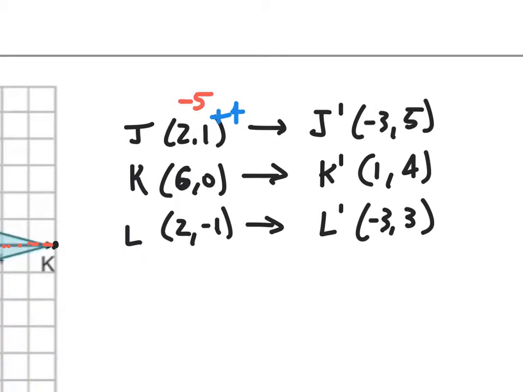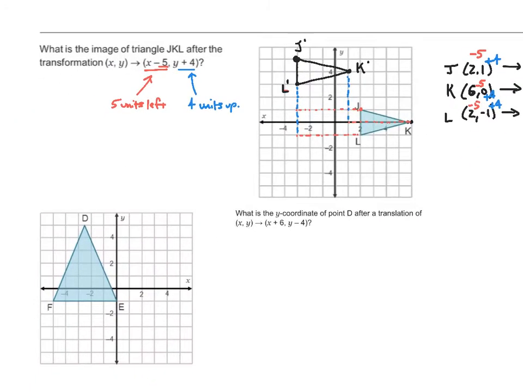So the same thing: if we subtract 5 from that and add 4 to this value, it gives me 1 and 4 respectively. Same thing here, negative 3 and 5 respectively. If I subtract 5 from 2, that gives me negative 3. If I take negative 1 and add 4 to it, it gives me a positive 3. And so that's what we're doing.